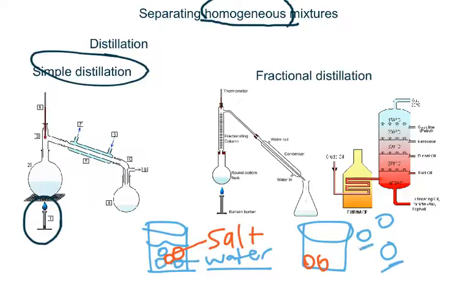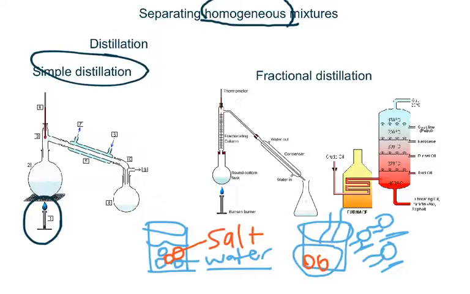And the water molecules are still intact, but they're moving faster because you added heat to them, which turns them from a liquid to gas, and that's why they escape the solution. So you're left with the solute.